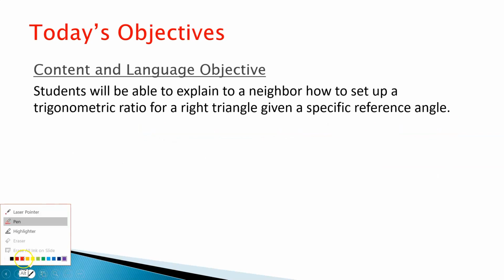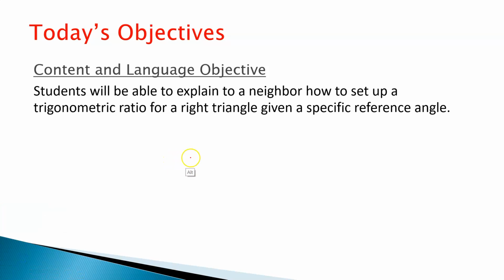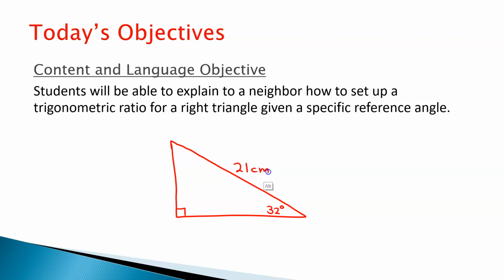So what the heck is trigonometry? Just real quick, you're going to have a right triangle, and I will give you things like, maybe this angle down here is 32 degrees, and maybe the hypotenuse here measures 21 centimeters.